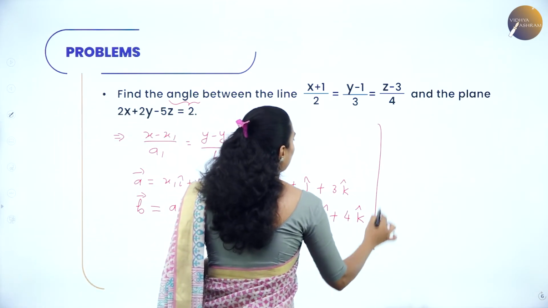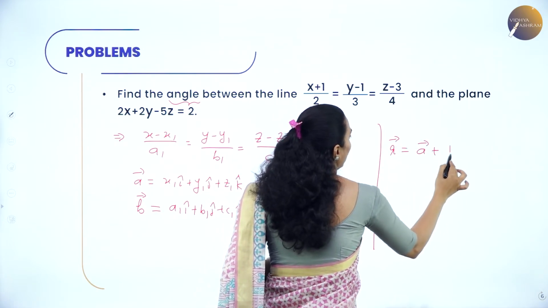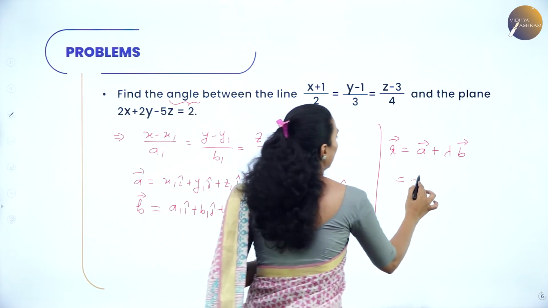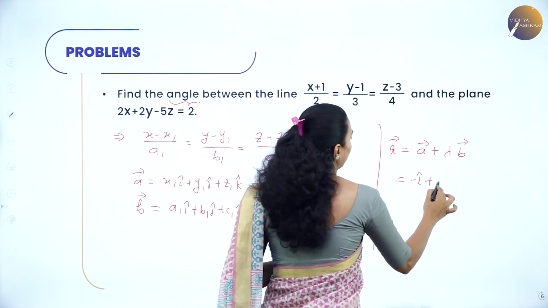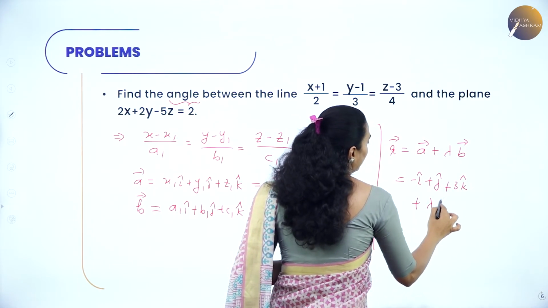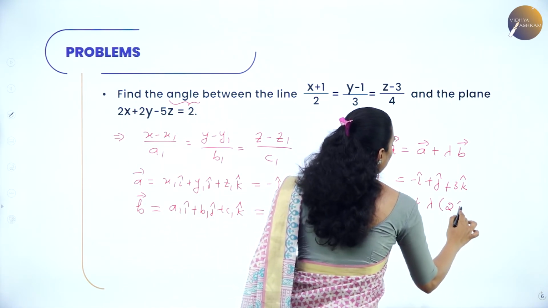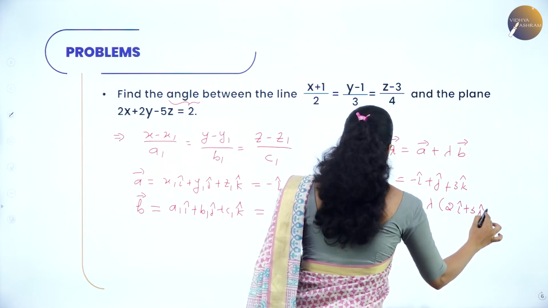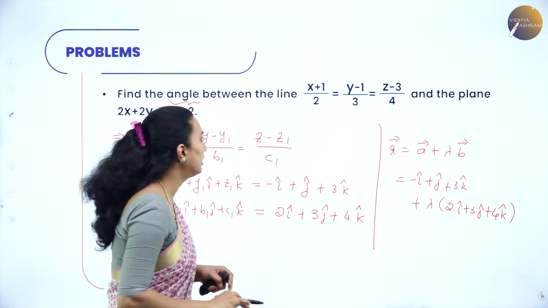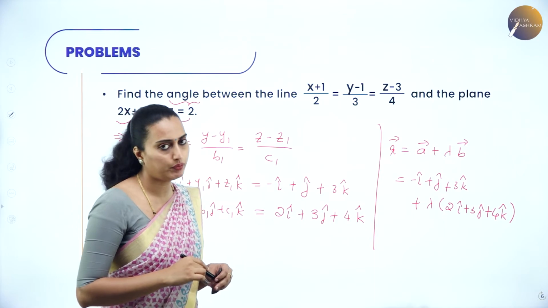The vector form is given by r vector equals a vector plus lambda into b vector. Now the a vector is minus i plus j plus 3k, plus lambda into the b vector, which is 2i plus 3j plus 4k. That's it. Now what is the given plane? The given plane is nothing but 2x plus 2y minus 5z is equal to 2.